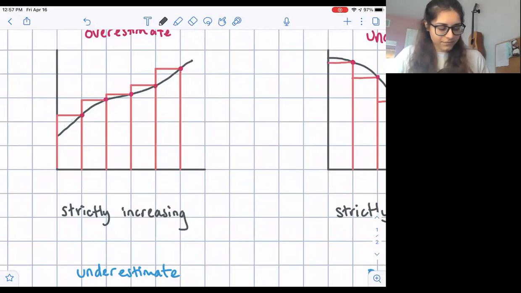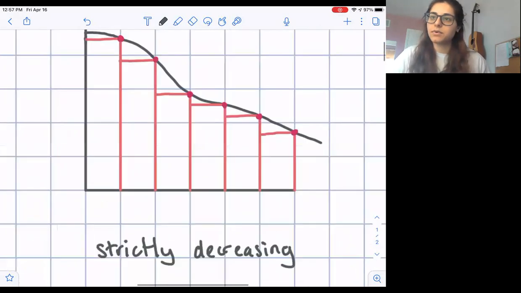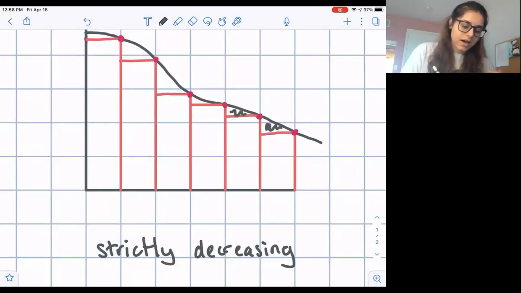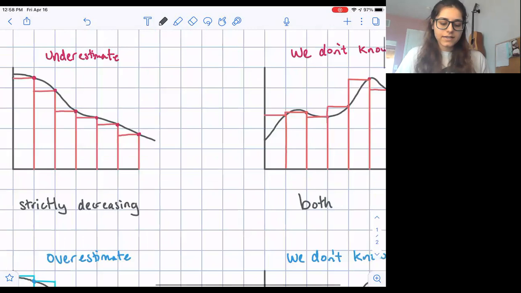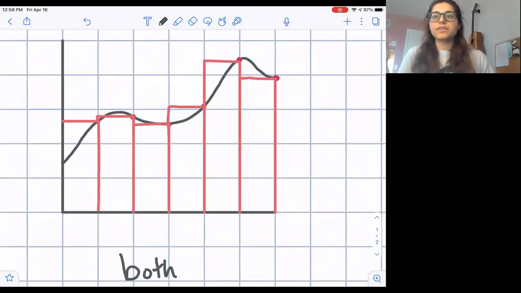That's when it's increasing. When it's decreasing and we're going off the right-hand points, it's going to be an underestimate. Here's all the space that we're not accounting for. And if it's both, increasing, then decreasing, then increasing, decreasing, we can't say for sure, right hand or left hand, if it's going to be an overestimate or underestimate.